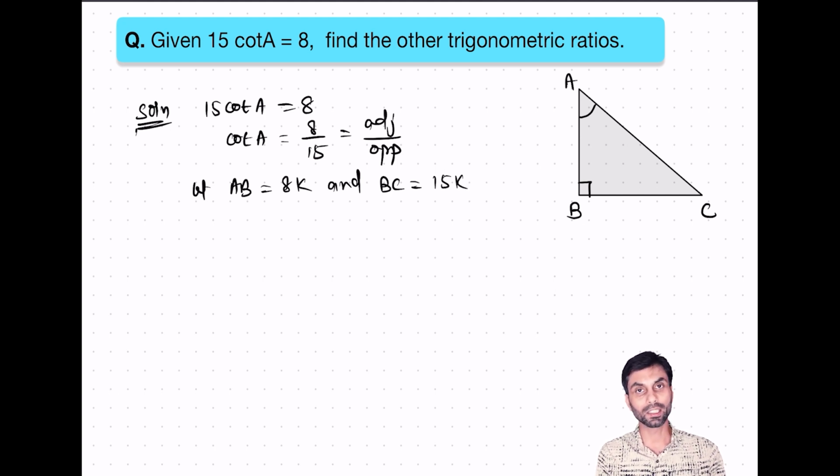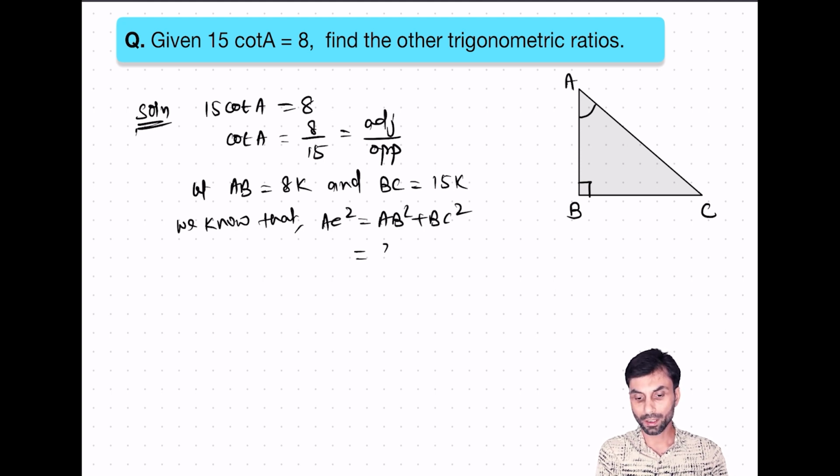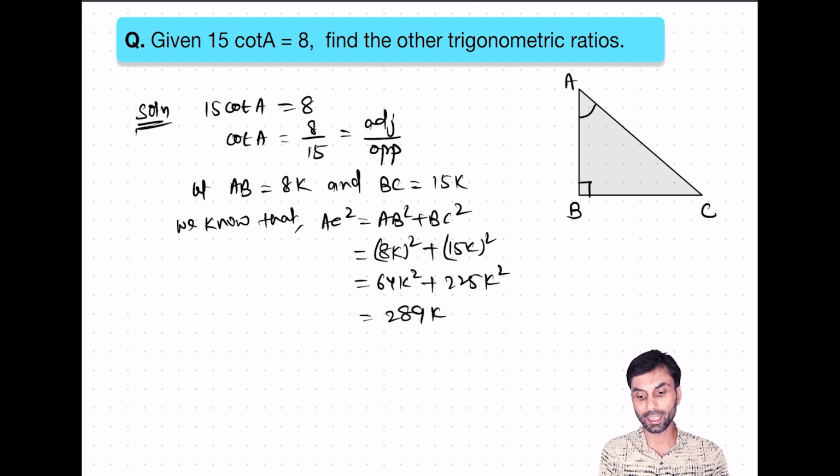Now in order to find the other trigonometric ratios, we'll have to find out the value of AC. So again we'll use Pythagoras theorem, and we know that AC square equals AB square plus BC square, which will be 8K whole square plus 15K whole square, which will be 64K square plus 225K square, which we can write as 289K square.